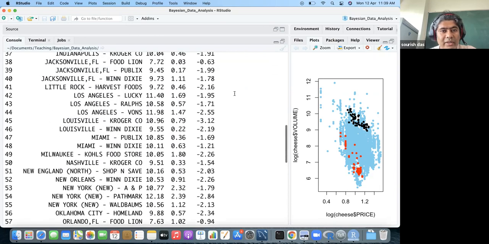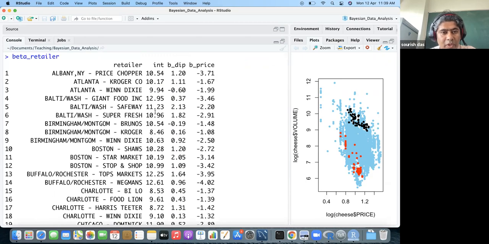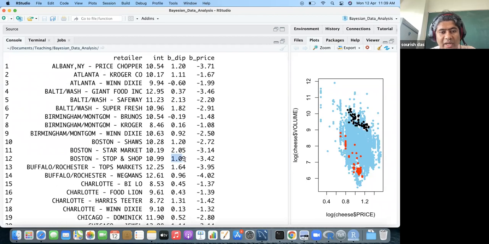Now, if you look, you will notice there is no NA. So where was that Stop and Shop, Boston Stop and Shop? It was able to estimate the coefficient. It was able to do that because, remember, beta i is a coefficient which is a function of a simulation, so basically it is drawing strength from the other data points.